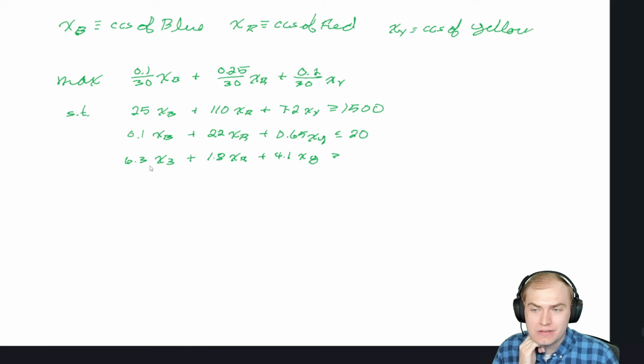And the proteins times the amount of each variety should be greater than or equal to 100. And then the total amount of each variety should be exactly equal to 30.